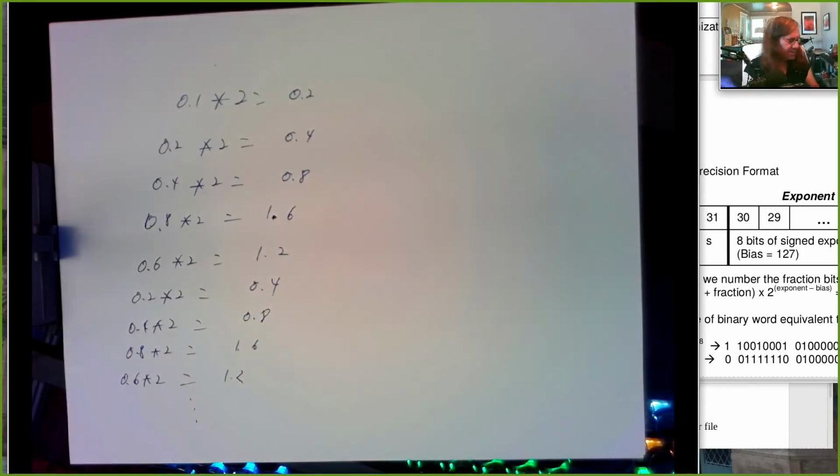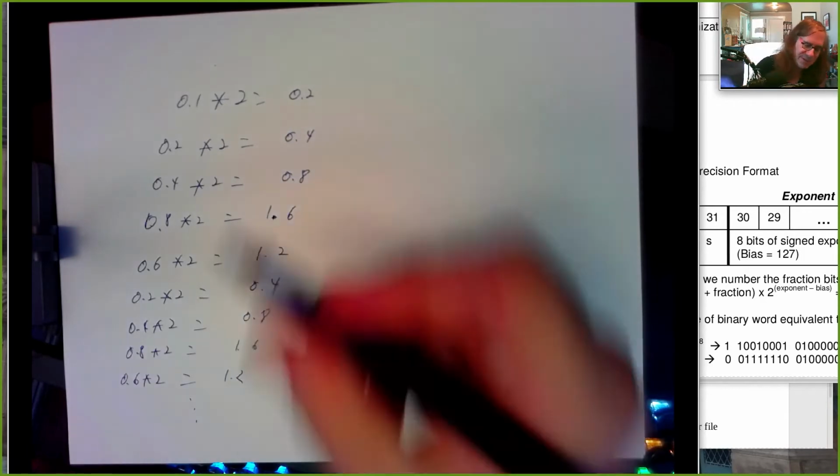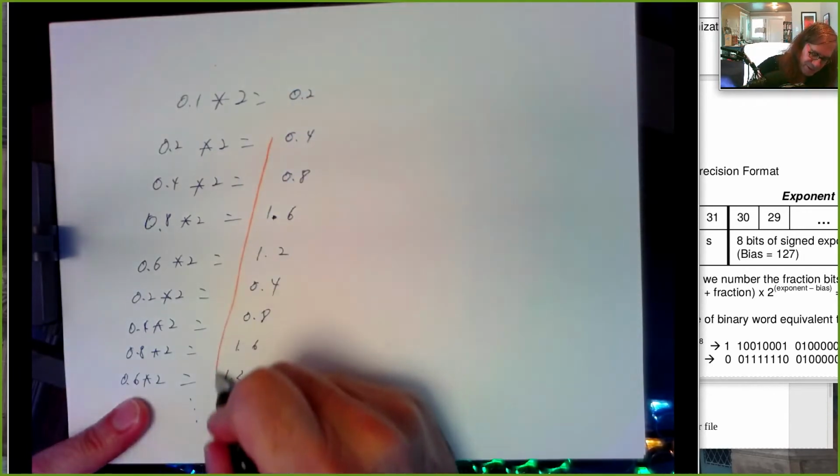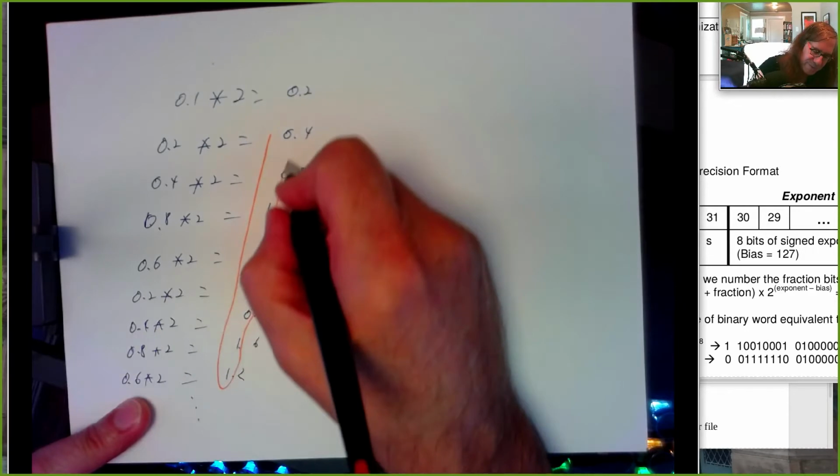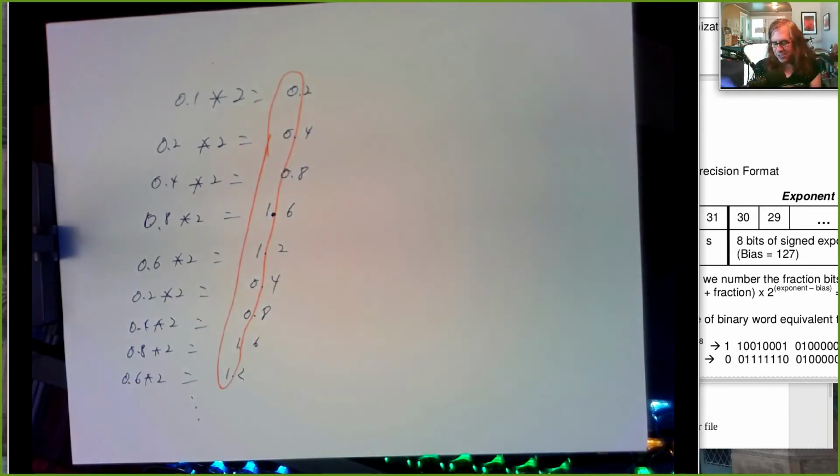And then in this case, what we look at are these digits, these bits to the left of the decimal point. That's what gives us our binary equivalent.